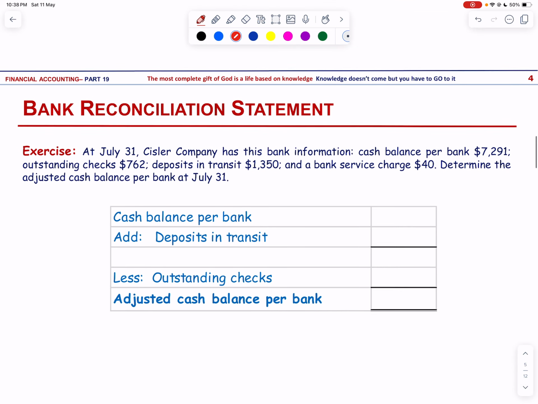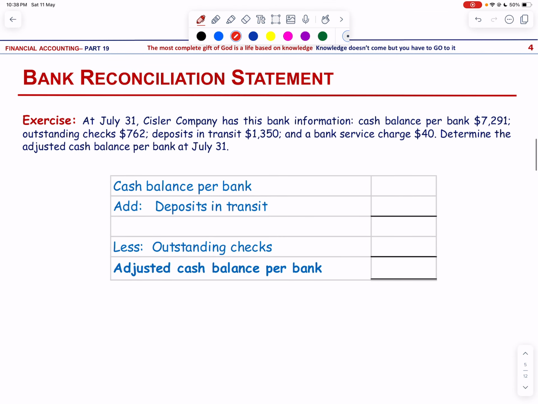Okay, at July 31st, Sisler company has the bank information. This bank information has cash balance, outstanding checks, deposits in transit, and a bank service charge of 40. Determine the adjusted cash balance as per the bank. So cash balance as per the bank is 7,291.